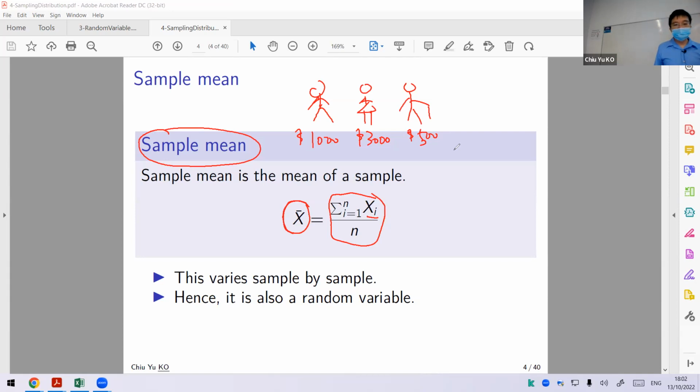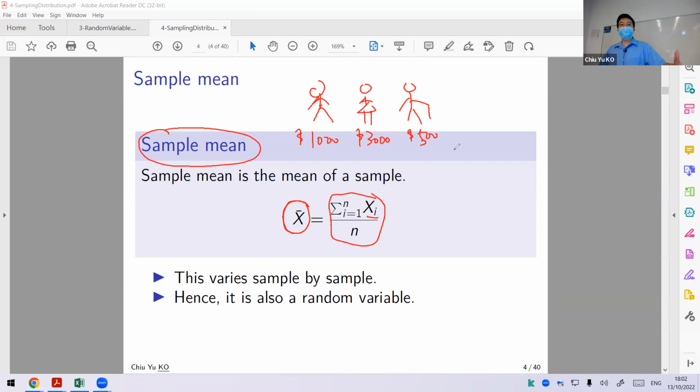If you draw the guy and the girl, then the mean will be 2,000. If you draw the old man and the boy, then it's 750. It really depends on who you draw. So that's why the sample mean is also a random variable. It just depends on what sample you have drawn.